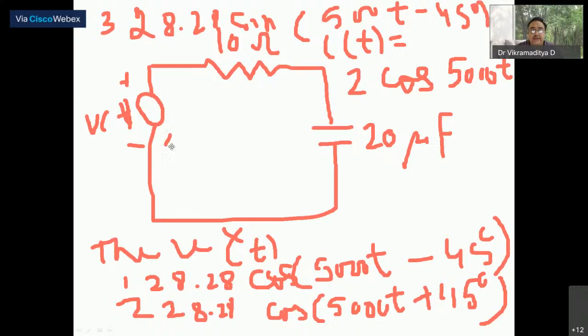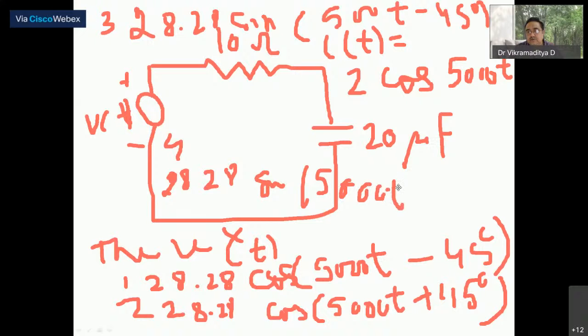And the fourth option I am writing here is nothing but 28.28 sin(5000t + 45°). So basically in this question, two concepts are there.